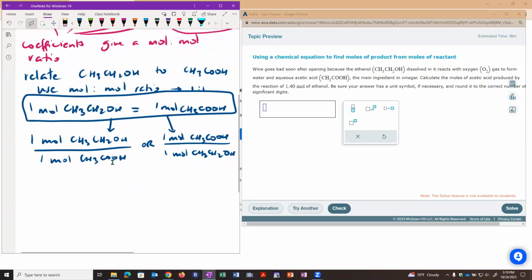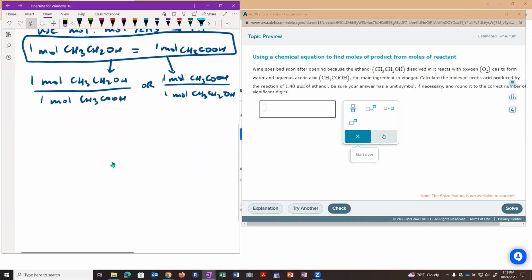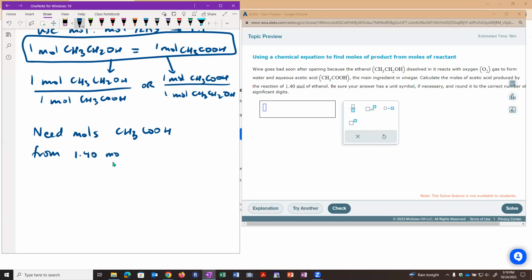Now we can go ahead and use the information that's given. So it says that we want to figure out the moles of ethanol, I'm sorry, the moles of acetic acid, CH3COOH, that's produced from starting with 1.40 moles of the ethanol, CH3CH2OH.